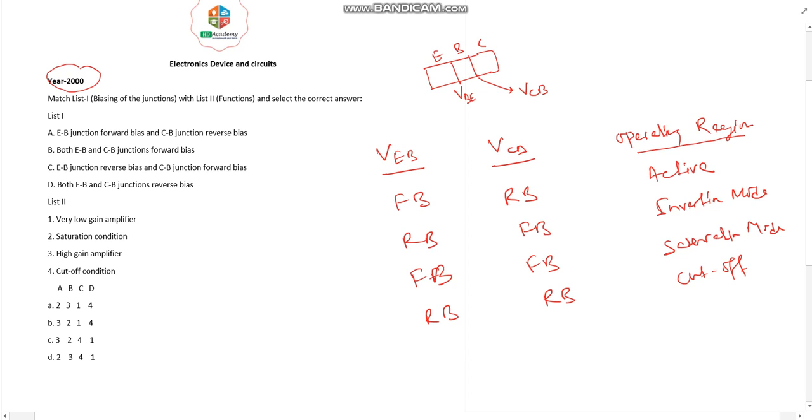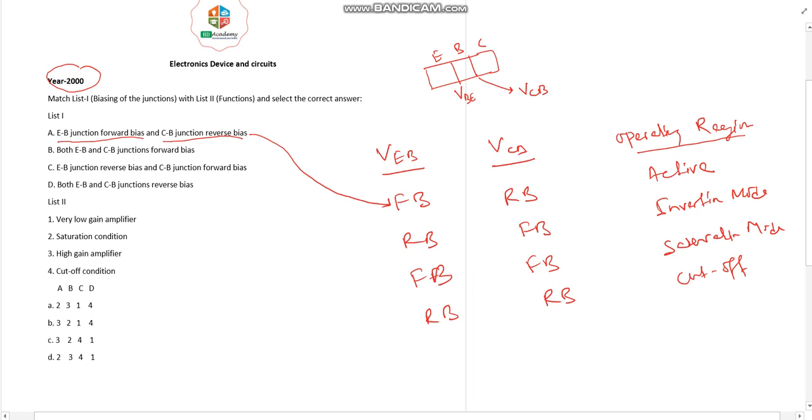Now for option A: the emitter-base junction is forward biased and the collector-base junction is reverse biased.